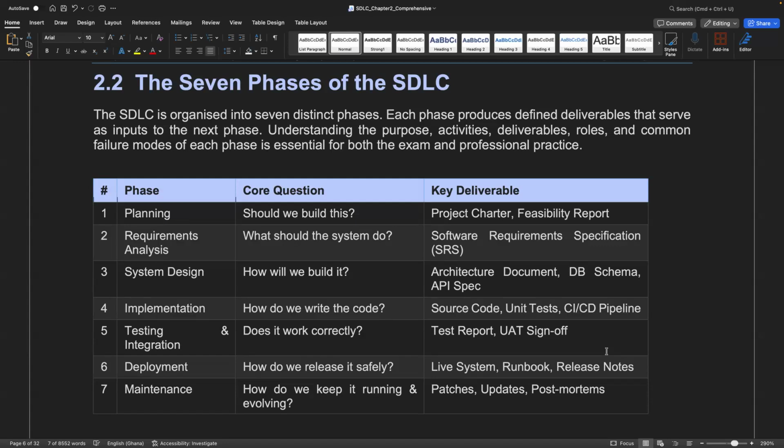Now, the implementation. How do you write the code? We have different architectural designs. So we have the SOLID principles, we have clean architecture. We have different types. And how do we test them? And also, even the development, how do we deploy the source code?